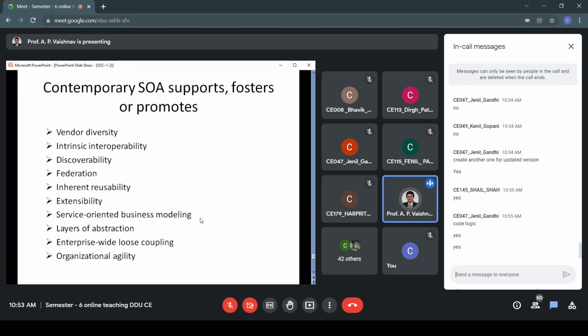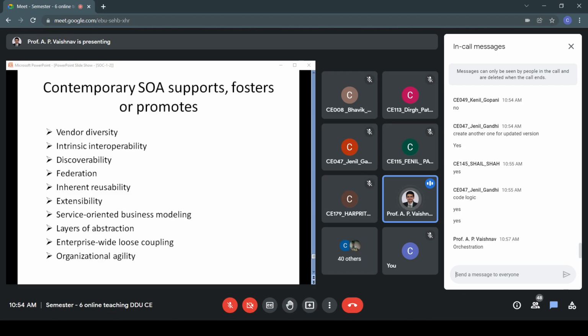But in SOA, it is possible to design a special service that is responsible for maintaining the business rules. The example of that we'll be covering in, let us say, chapter 6 as well, but I'll give you the name. The example is orchestration.